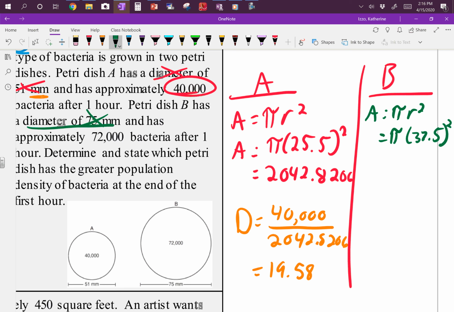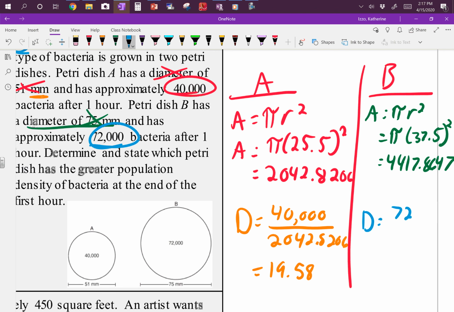Okay, so we're going to do pi times 37.5 squared, and we're going to get 4417.8647. Beautiful. And then how many bacteria are squeezed into this one?